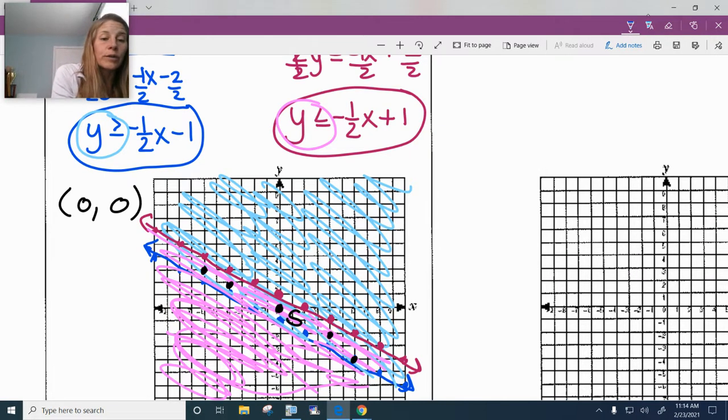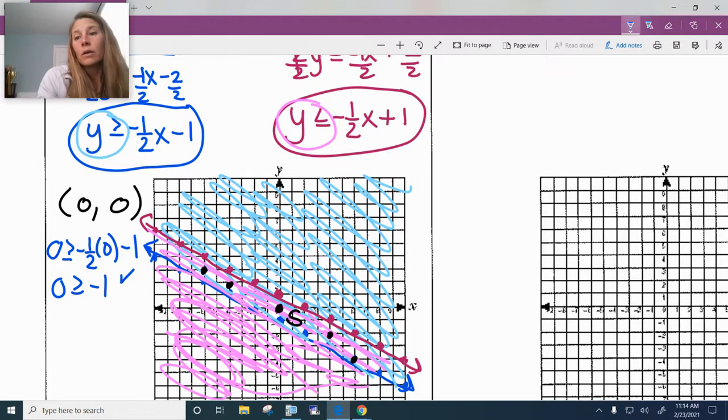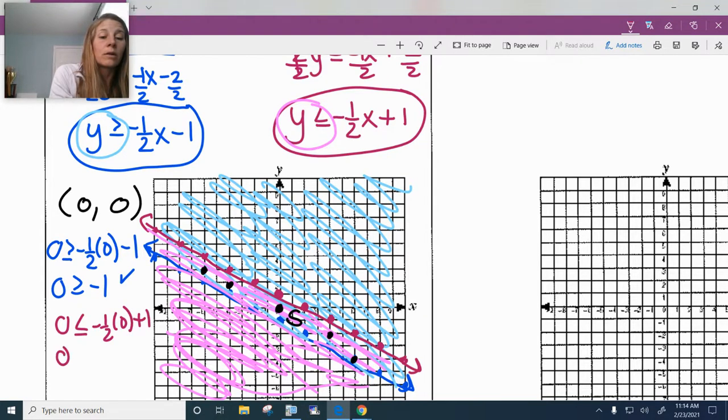So to check the first one here, I have 0 is greater than or equal to -1/2 times 0 minus 1. Anything times 0 cancels out, and 0 is greater than or equal to -1. So we're good there. And when I check the next one, 0 is less than or equal to -1/2 times 0 plus 1. 0 is less than or equal to 1. That works out as well. So that's it. That's our answer, that shaded section in between those two lines.